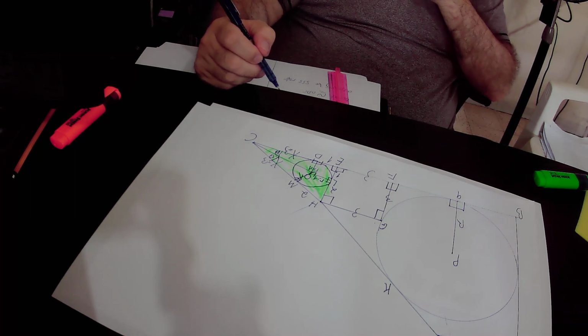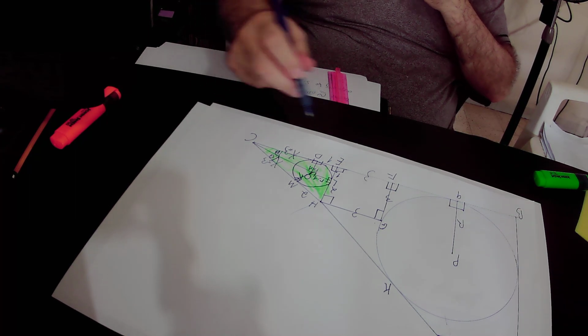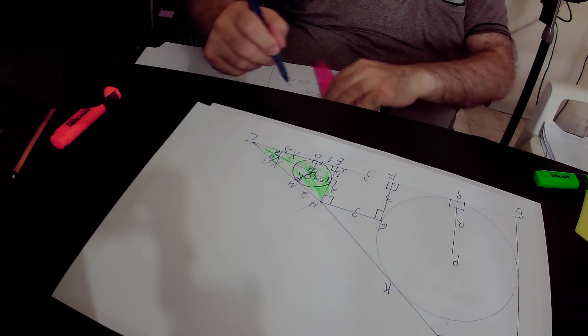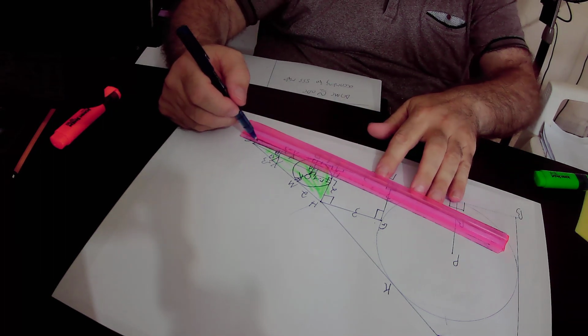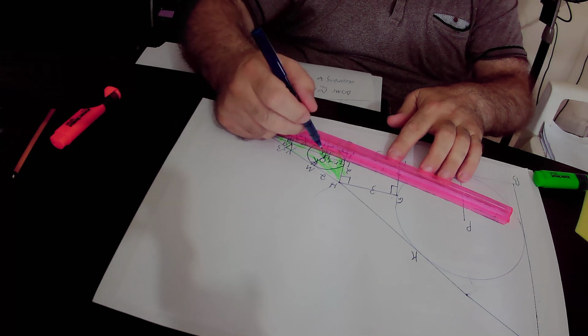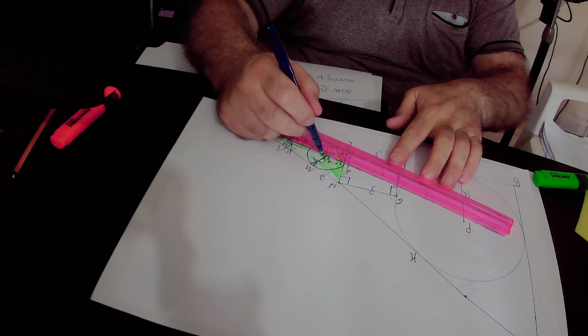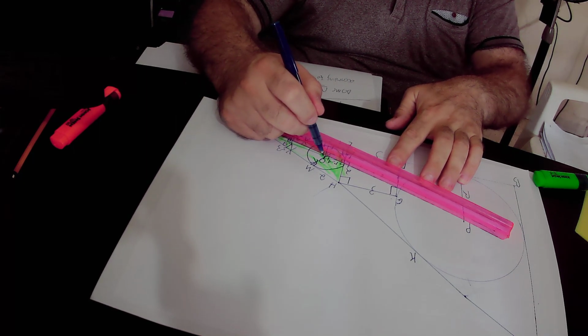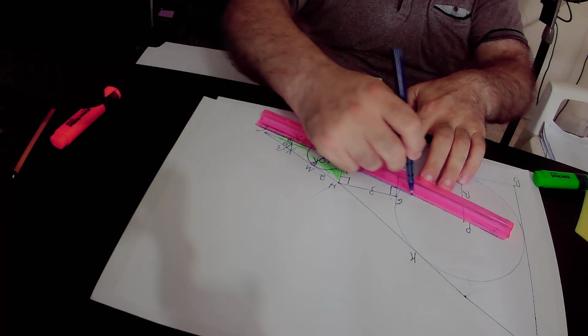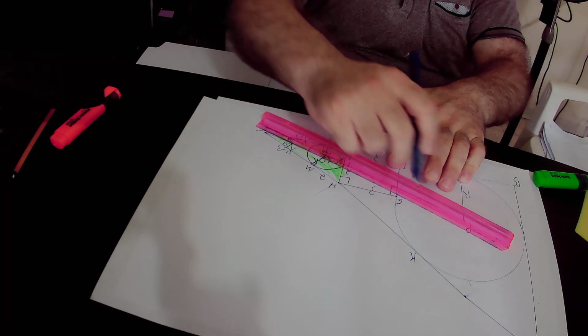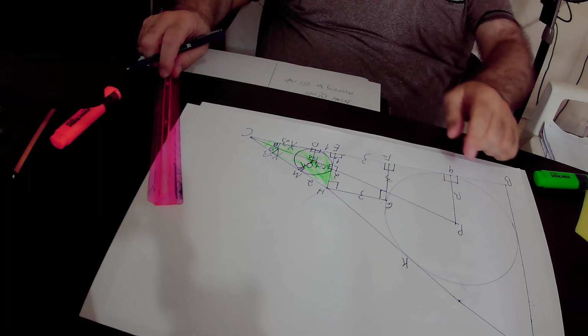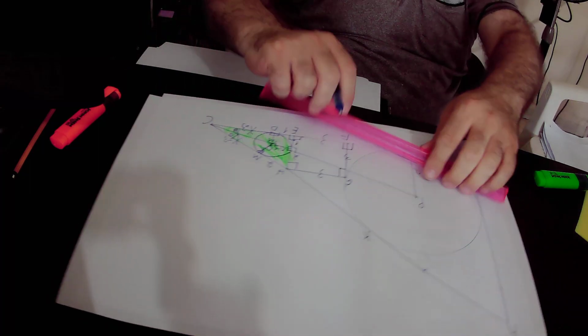In the next step, we will join points C and P together by a straight line. We will join points P and K together by a straight line.